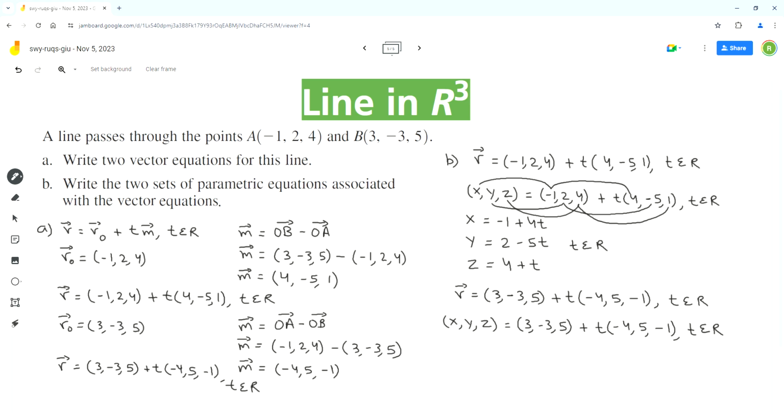Now we can break up this vector equation into the parametric equations.